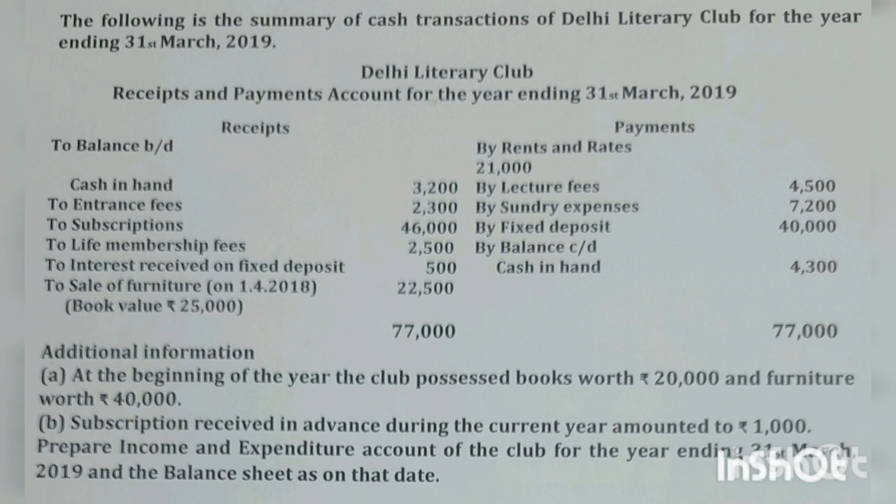Here you can see life membership fee will be shown as a liability and it will increase the value of liability. Whereas sale of furniture also is a capital receipt. At the same time, this will appear in the asset side by subtracting from the respective value of furniture.